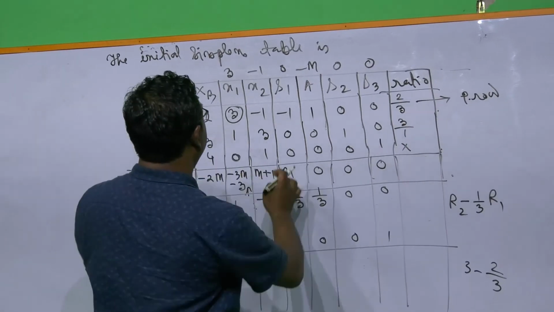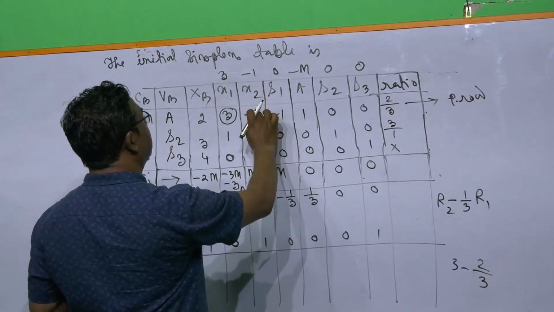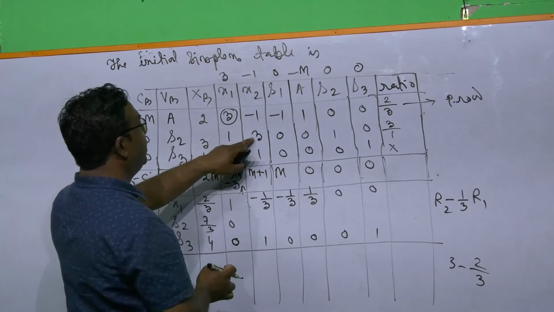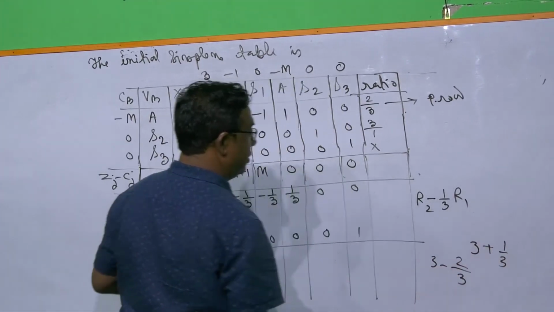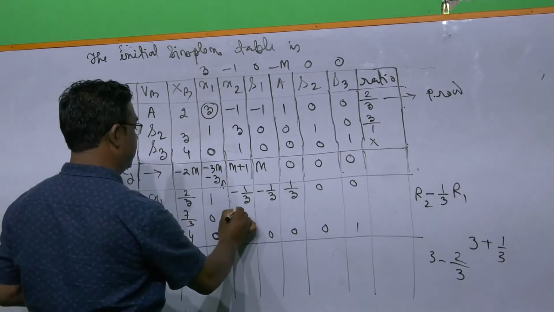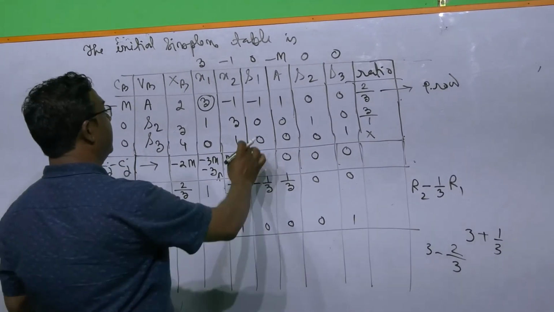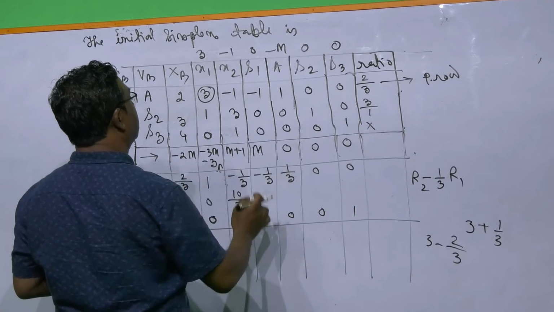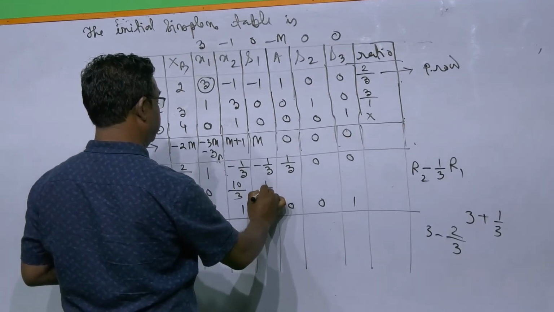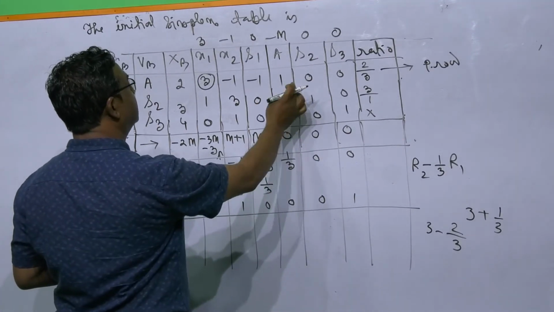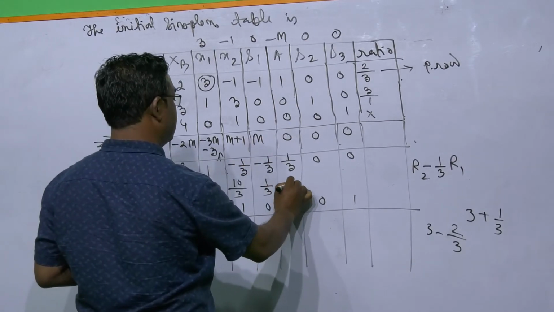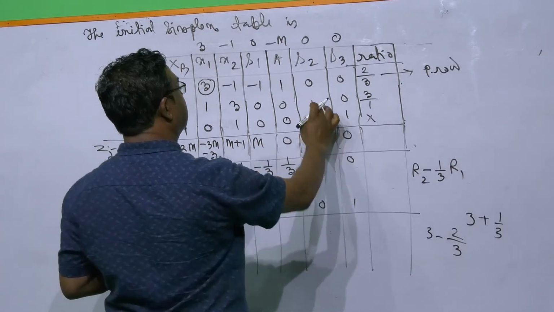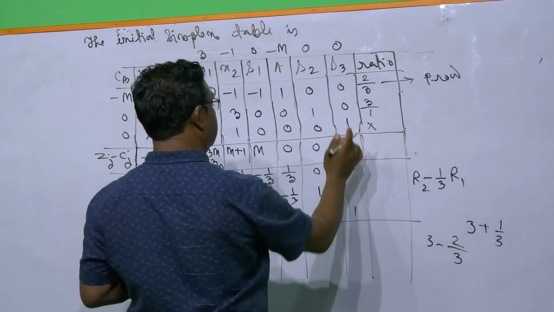Then you divide it by 3, minus 1 by 3, then you subtract here 3, then plus 1 by 3, so 10 by 3. Then here 1 by 3, then here you divide it by 3 and then subtract minus 1 by 3, then this 1, this is 0.